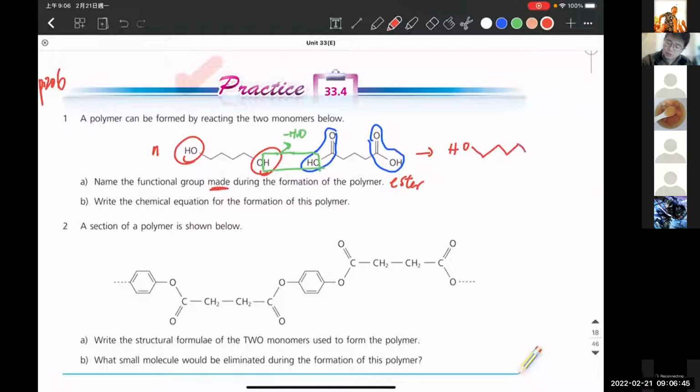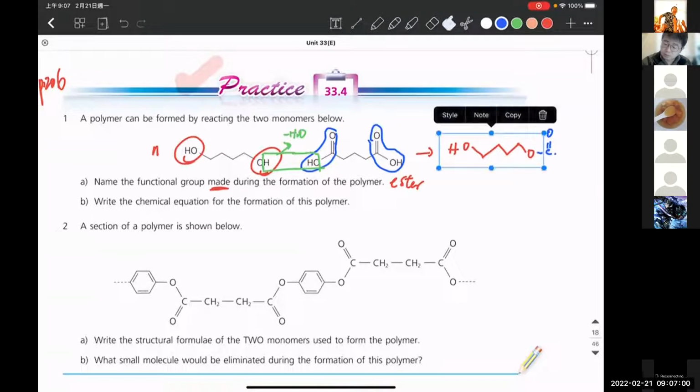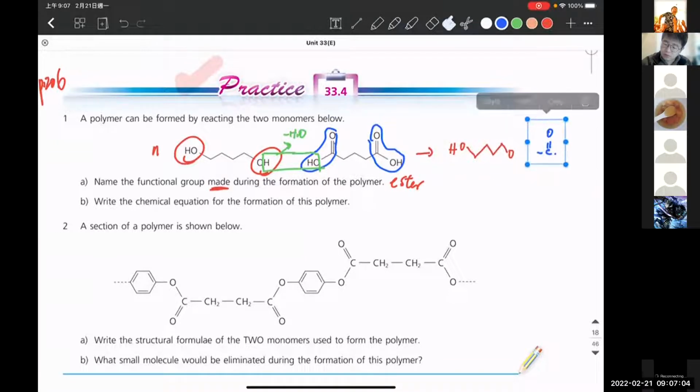And then O, and then you're going to draw this. And then what? I need to shrink a little bit, otherwise it's too long. And then what? 1, 2, 3, 4, you could draw a W here.